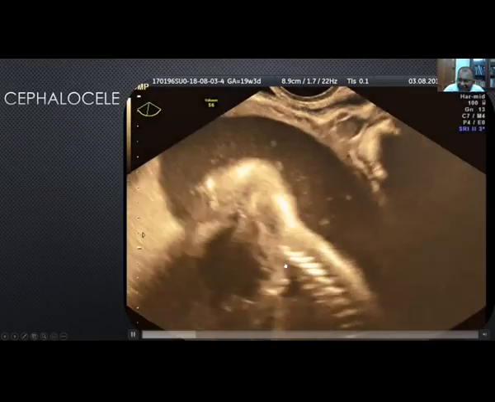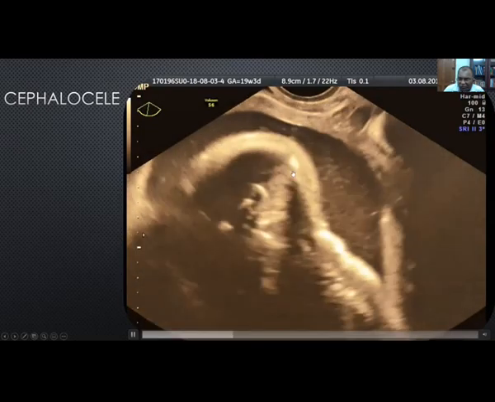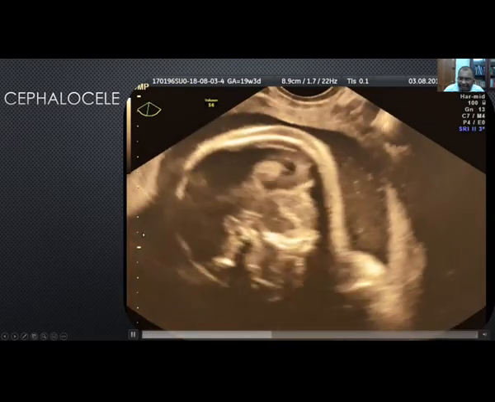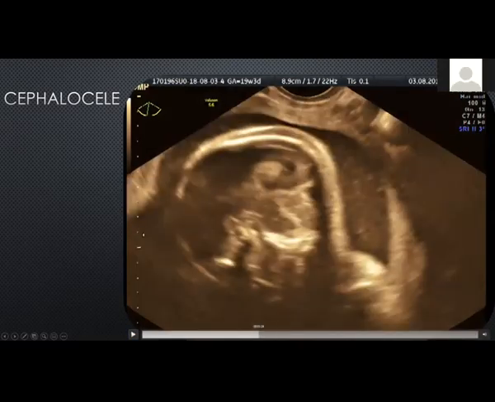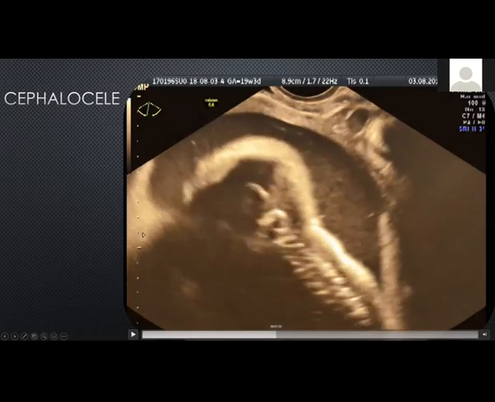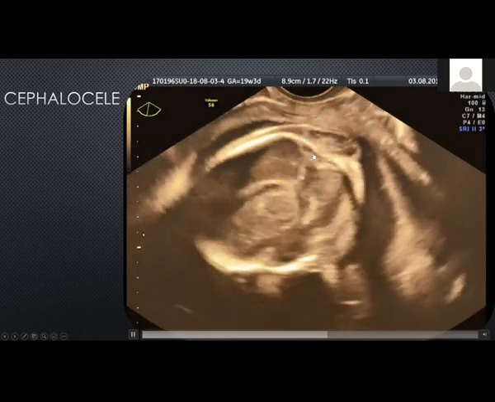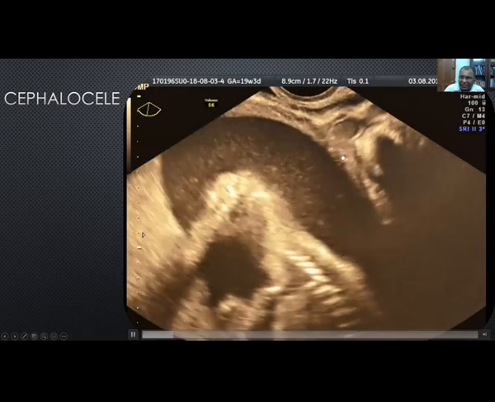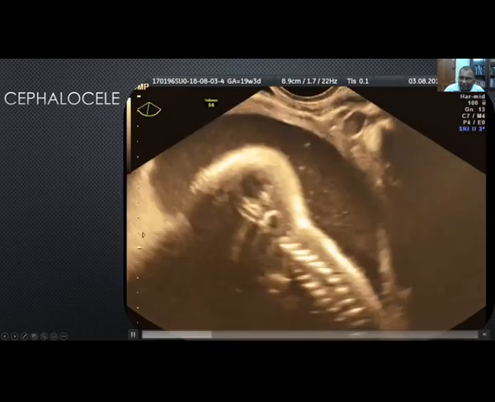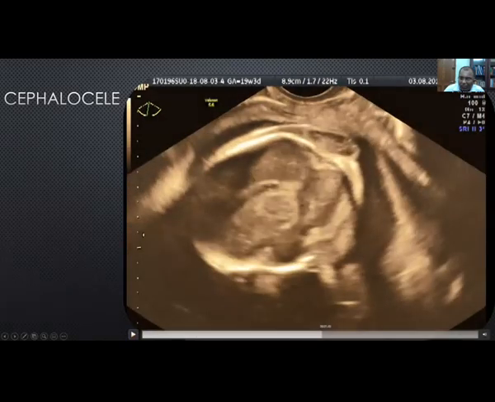But when you have a defect in the calvarium, it can be small, as you can see over here. A small portion of the brain, meninges and fluid seeps out, forming an external bulge. You can see it.